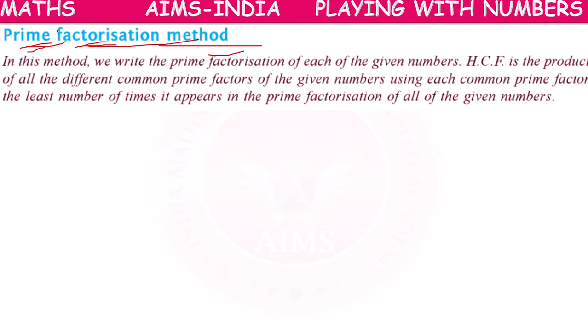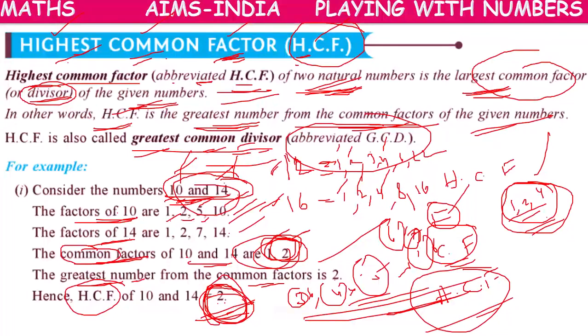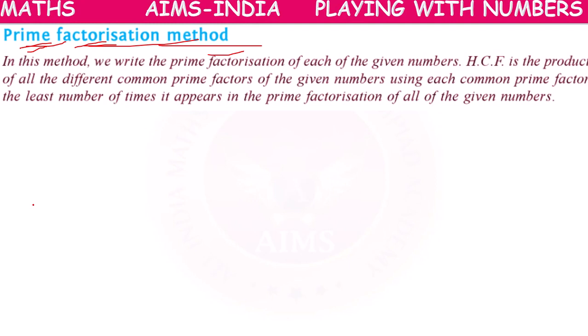Already in slide 1 we have told, here we have done prime factorization like this. So what we have to do here? In this method we write the prime factorization of each of the given numbers. Suppose we want to find HCF of three numbers. So we have to write the prime factorization of the first number, second number, third number.